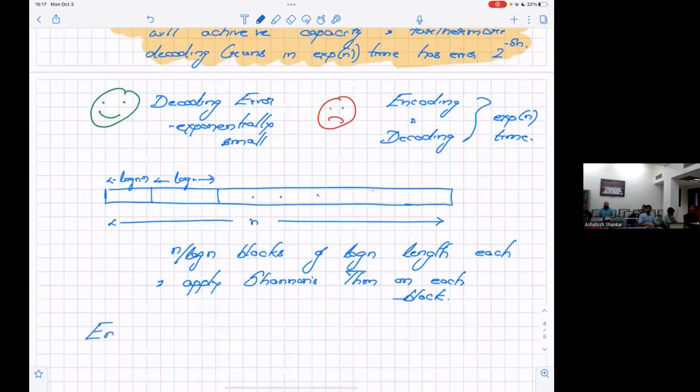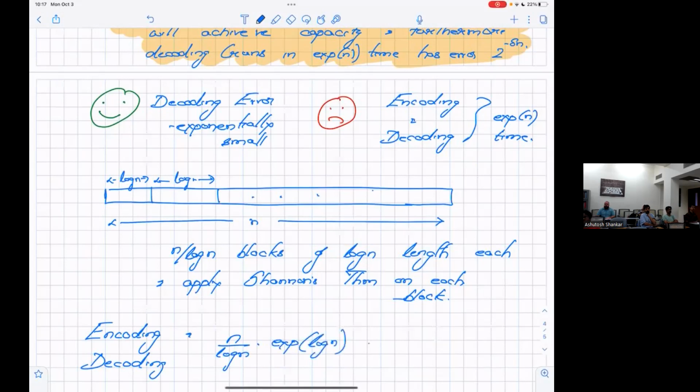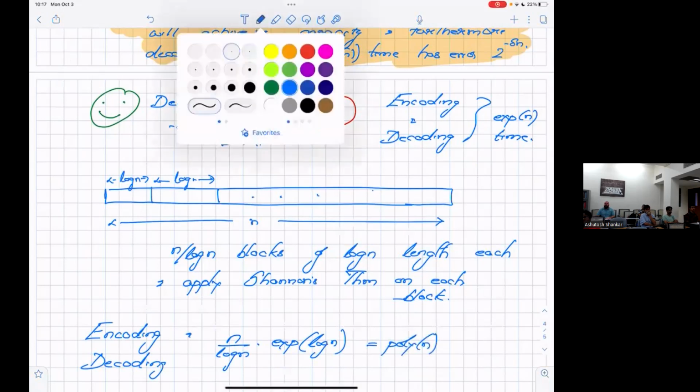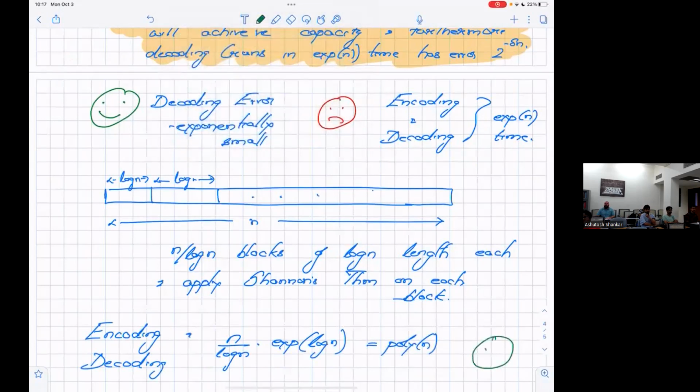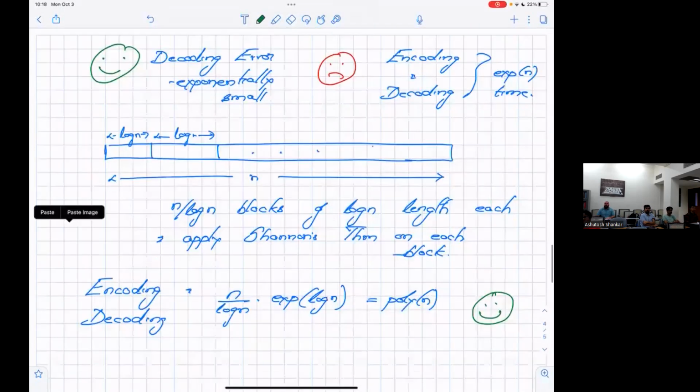Both the encoding and decoding are n by log n times exponential in log n. The whole thing comes to polynomial in n, which is a good feature about this code. That's with respect to encoding.